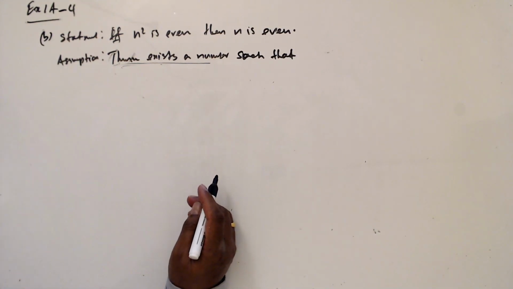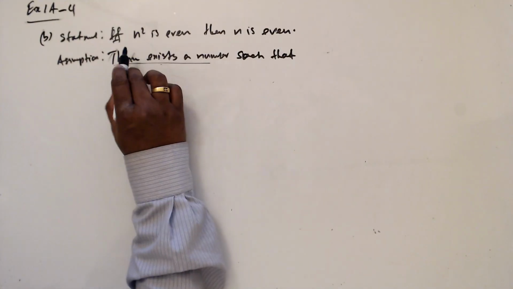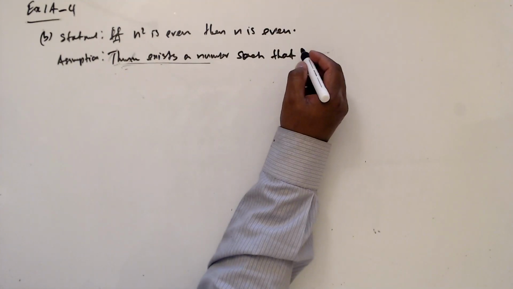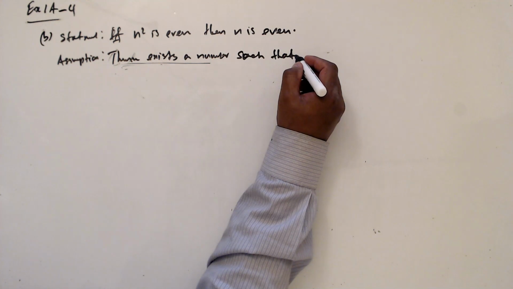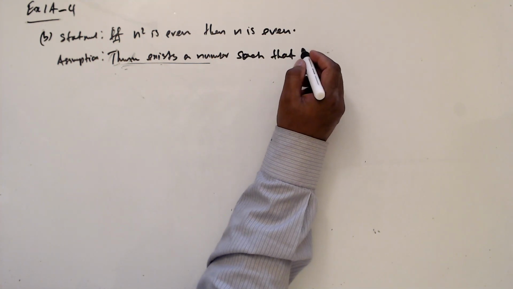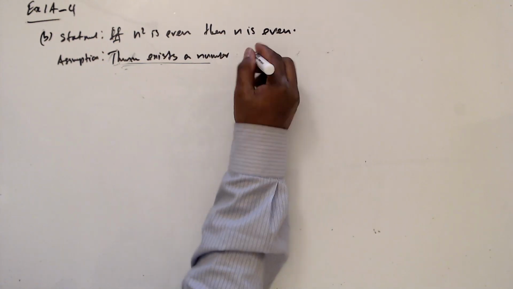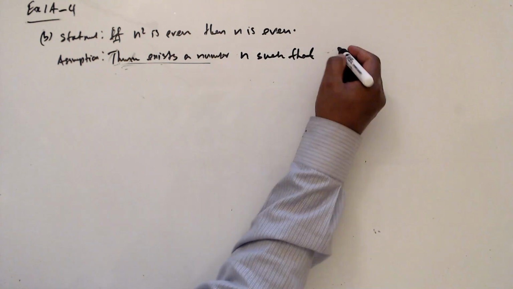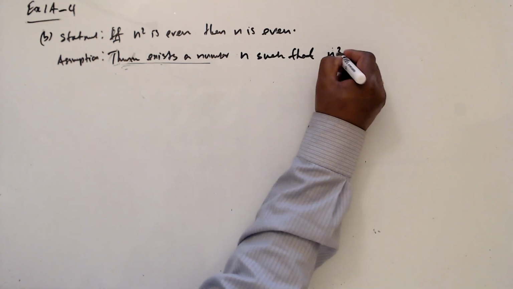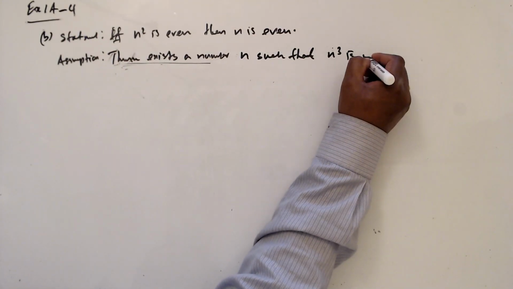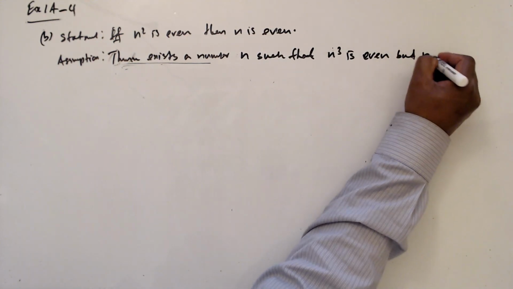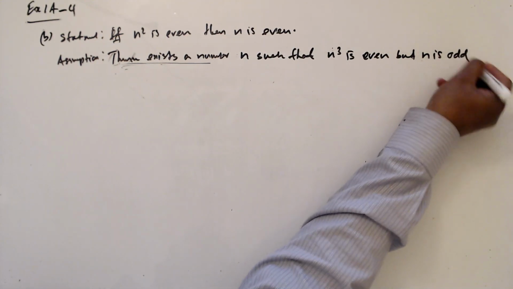So we start: there exists a number n such that n cube is even, but n is odd.